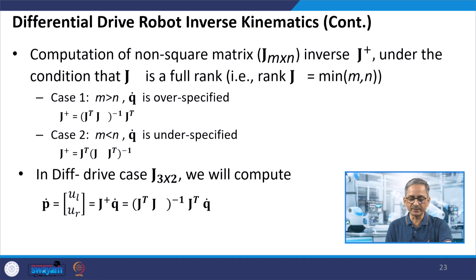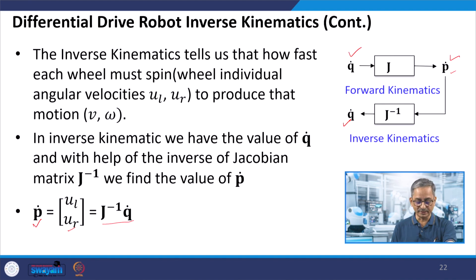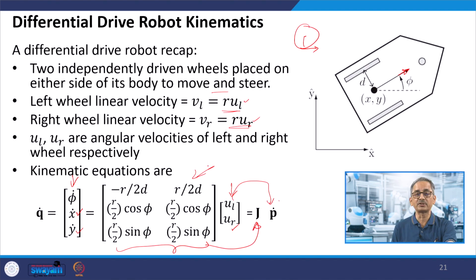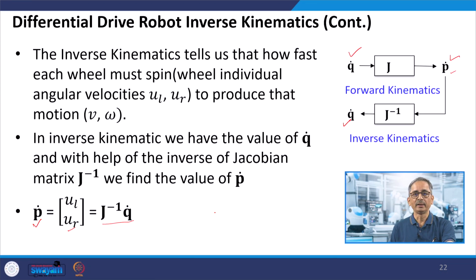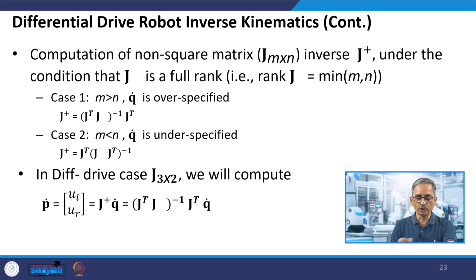Now, the question is, this matrix is a non-square matrix, so how do we get the inverse for that? That is the challenge. So, computation of a non-square matrix inverse under the condition that J is full rank, and this rank is defined, of course, as the minimum of the number of rows and the number of columns.